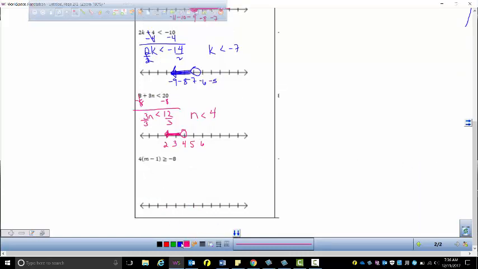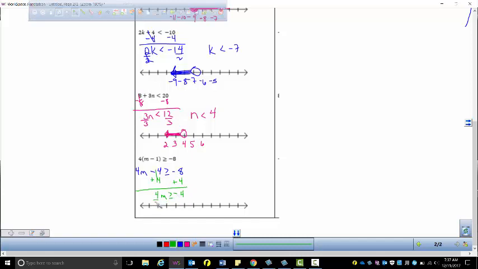In my last example here, I have parentheses, so I need to do that first. So I'd have 4m minus 4 is greater than or equal to negative 8. And then I would do plus 4. So I have 4m is greater than or equal to, these signs are different, so I need to subtract, so I'd get negative 4.